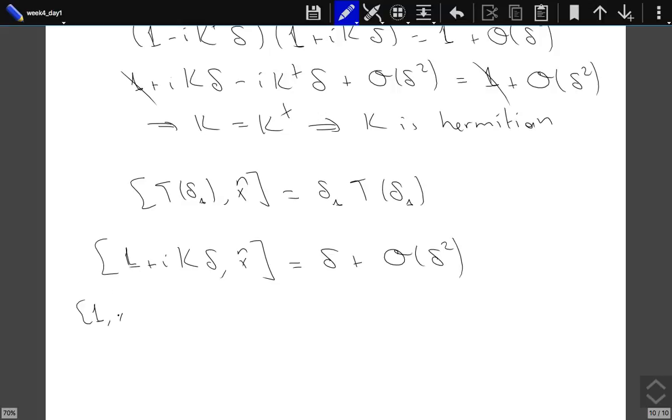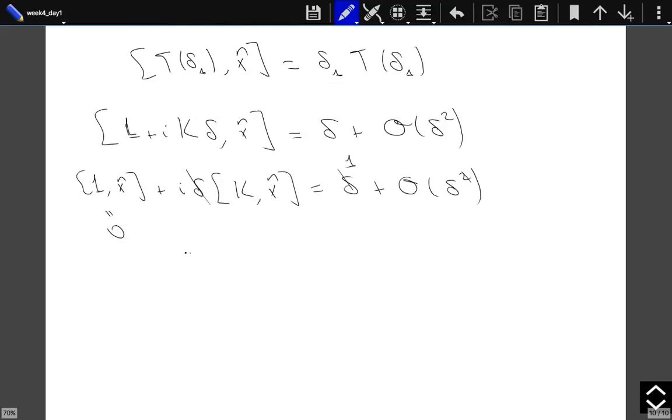This is the 1 commutator with x, which is just 0, plus i delta, a number I can take out, times K commutator with x. This is equal to delta plus something of the order of delta squared. I can cancel these deltas. So here I get 1. Now I can take the limit that delta is exactly equal to 0. If I take that limit, I obtain K commutator with x should be equal to minus i.